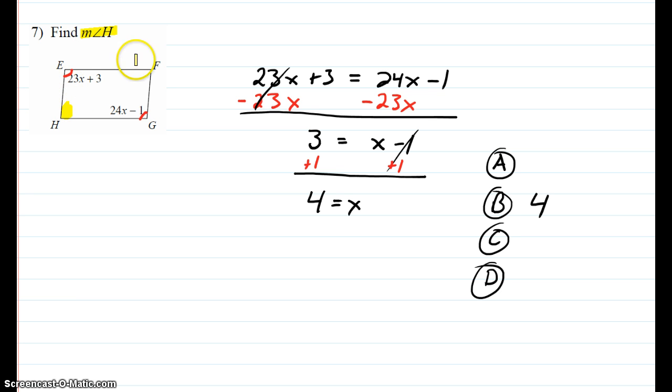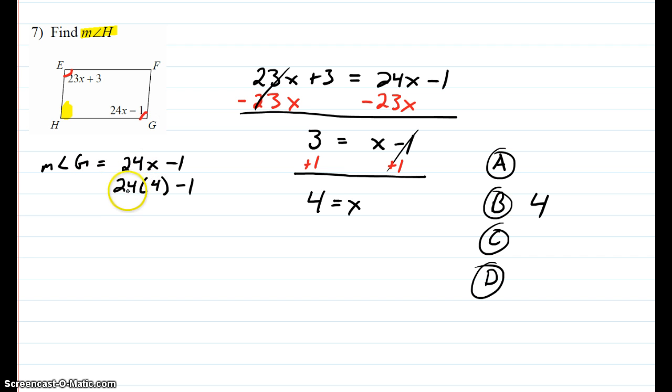Notice there's nothing given here about angle F, so we're going to have to use either angle E or G to figure out what H is. Let's go ahead and use G. The measure of angle G is equal to 24x minus 1. We know that x is 4, so 24 times 4 minus 1.